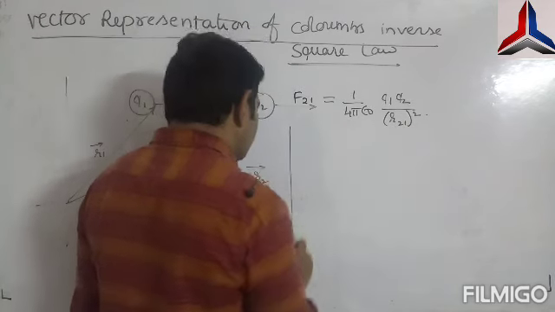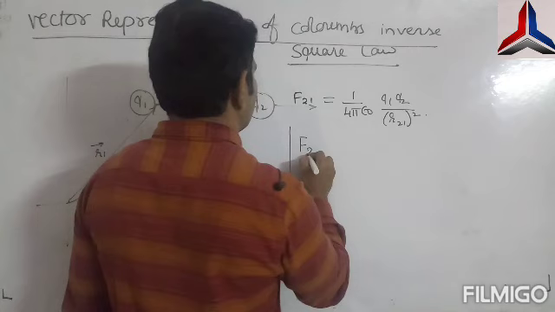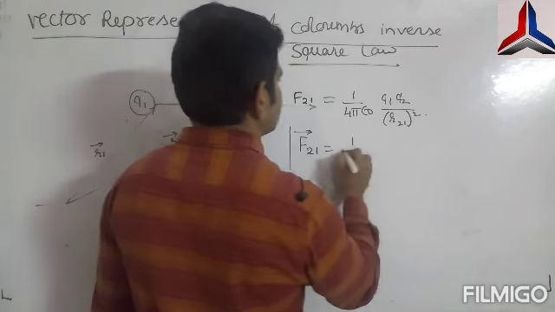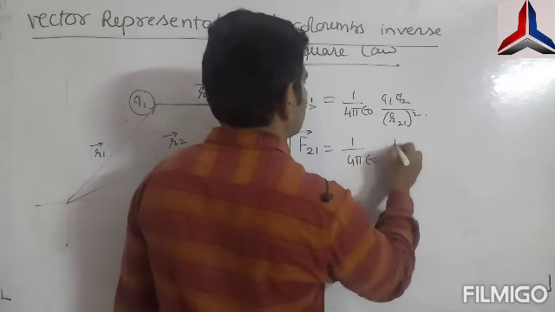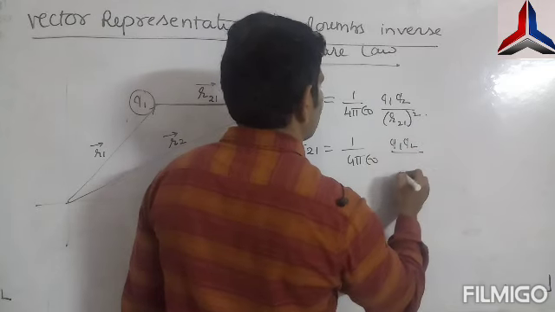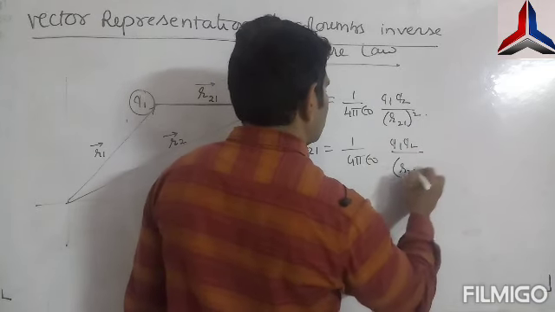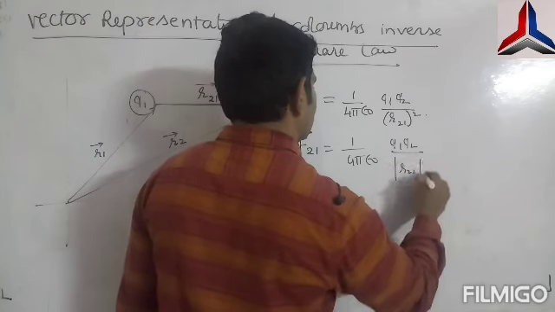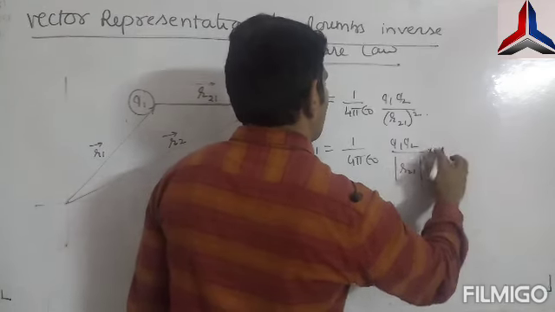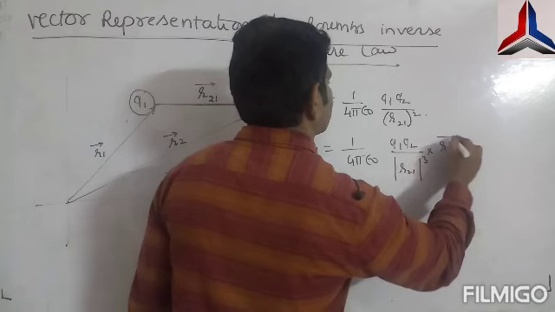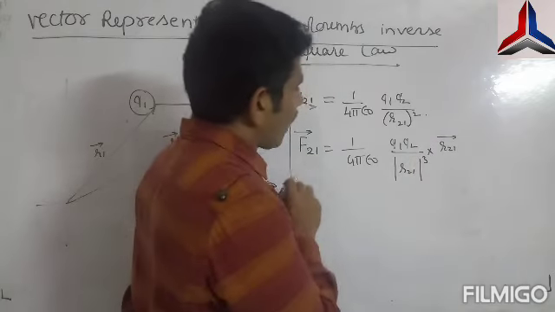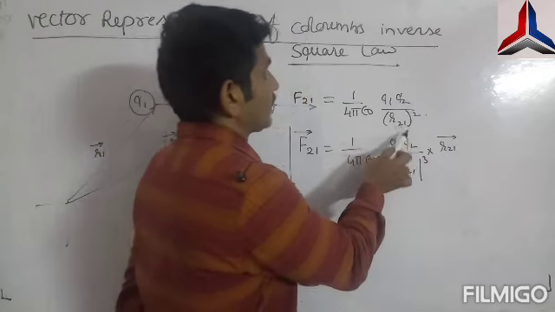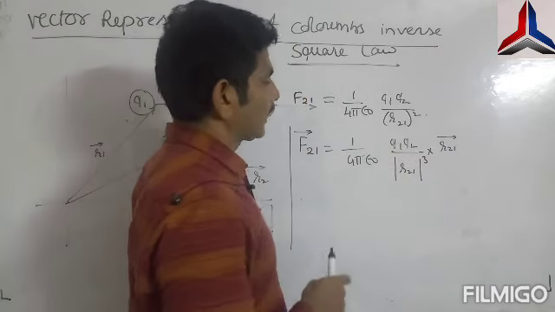If you want to write it in the form of vectors, F21 bar can be taken as 1 by 4 pi epsilon naught Q1 Q2 by r21 cube into r21 bar. Sir, why? Instead of the inverse square law, why do you take cube?